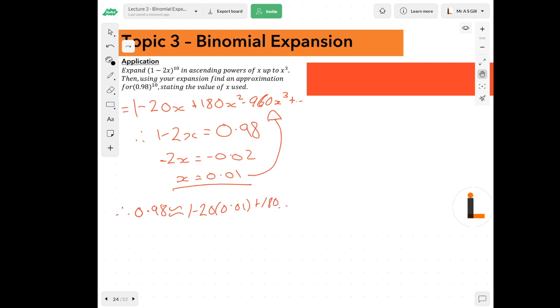What I would do on your calculator is type in 0.01 and hit equals, and then when you do the working, all you need to do is type answer instead of 0.01 each time. So on your calculator, you'll have 1 minus 20 brackets answer plus 180 brackets answer squared minus 960 brackets answer cubed.